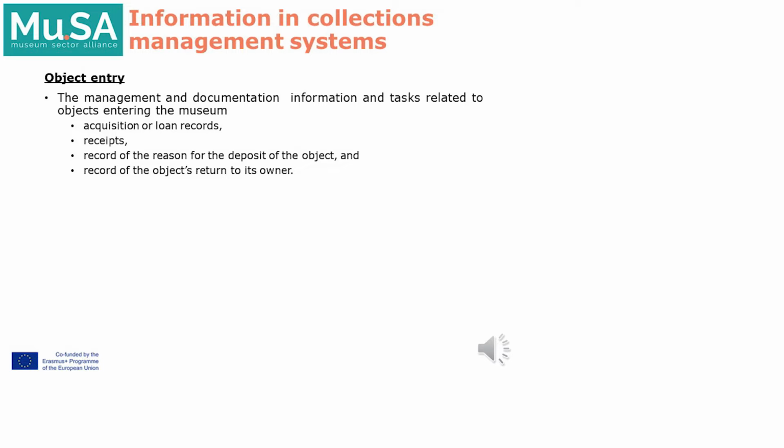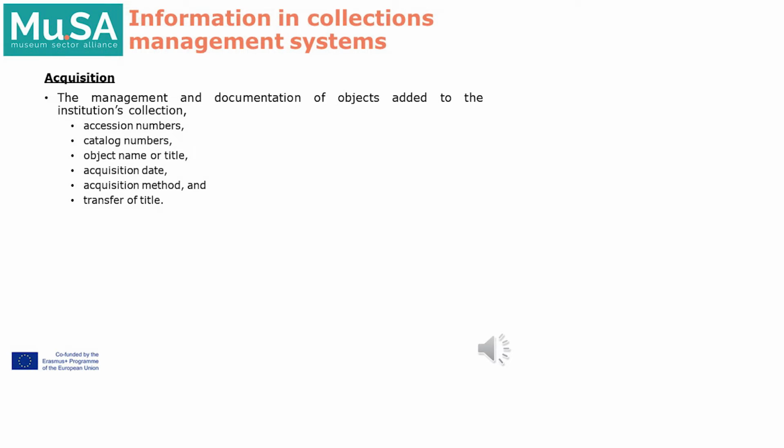First, object entry. It is the management and documentation of information and tasks related to objects entering the museum, for example, acquisition or loan records, receipts, a record of the reason for the deposit of the object, and a record of the object's return to its owner. Then it's acquisition.